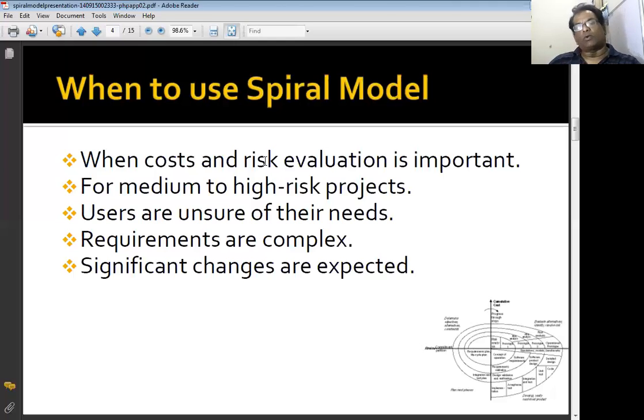The next thing is that requirements are complex. As a system developer, I must say that no one can immediately say how complex this structure is going to be, or how complex this system would be later.